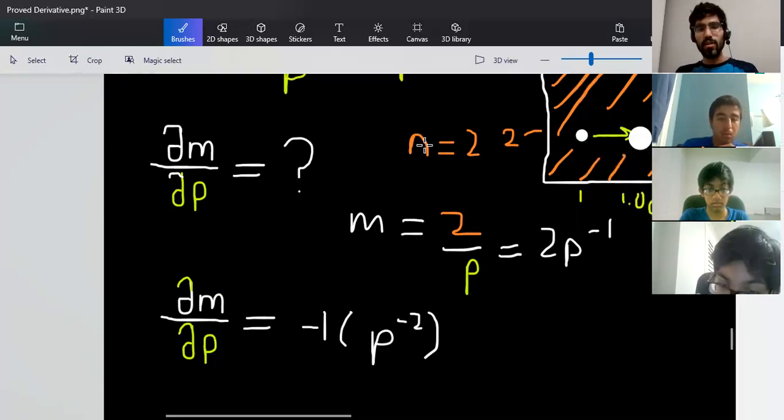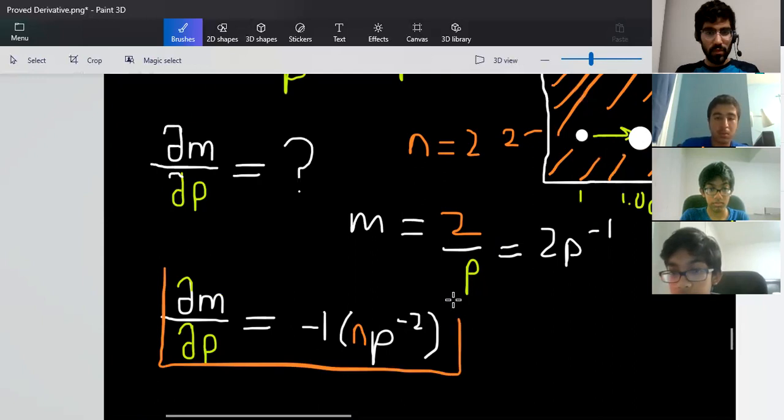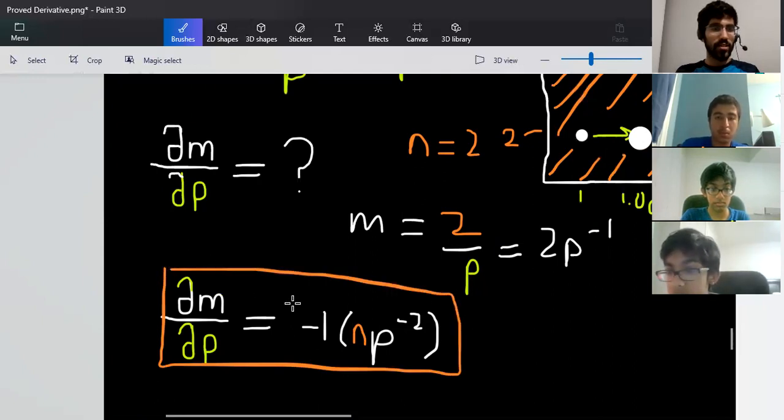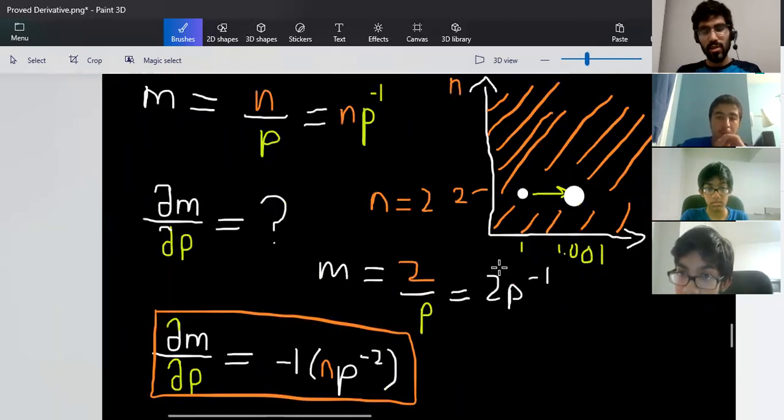Remember, we're just assuming n is equal to 2. N could be anything really, so we still call it n. We're treating it as a constant, pretending it's a constant. Really, n may not be equal to 2.